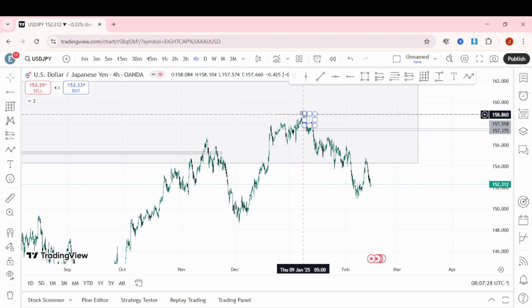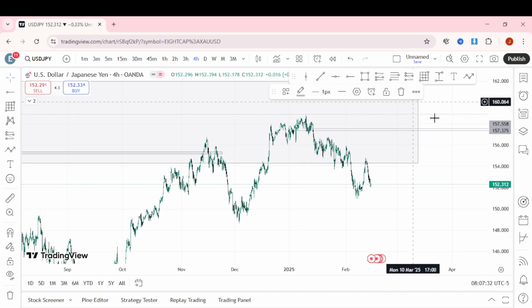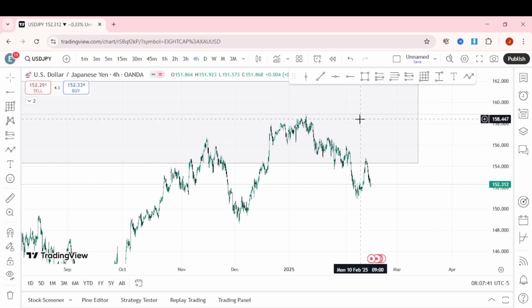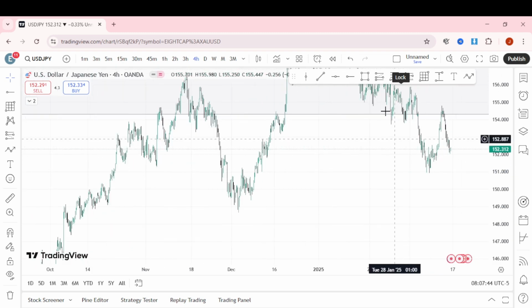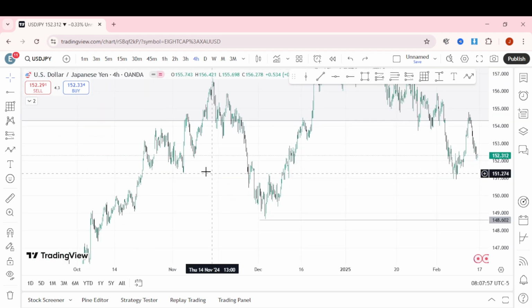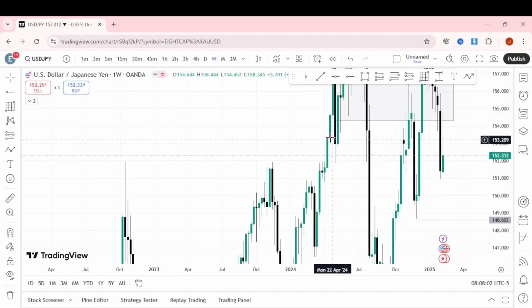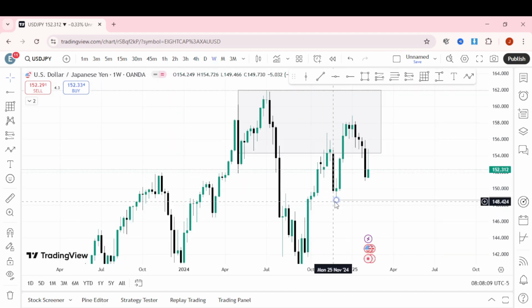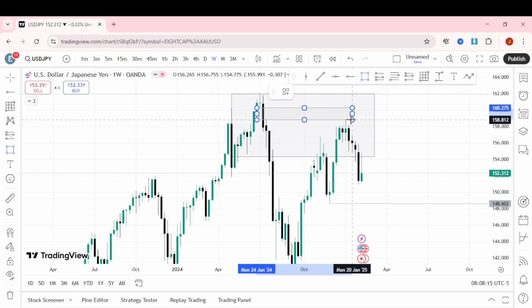Okay, let's try if we can get another entry on the 4-hour time frame. Okay, yeah, this right here. So if you take a look at the weekly time frame, you will know that price still has to go all the way up in order to tap into this FVG, this imbalance, right?